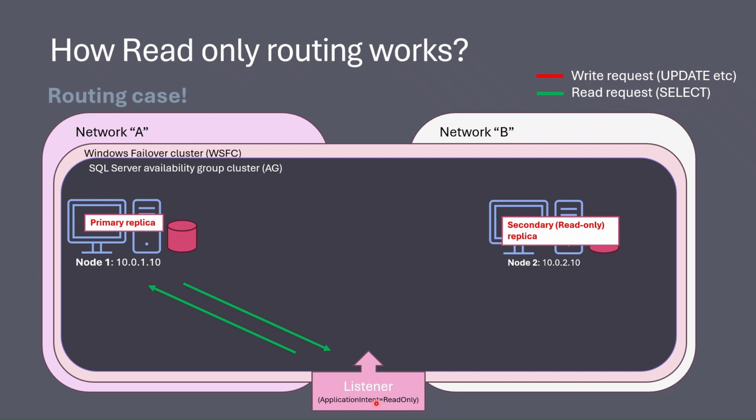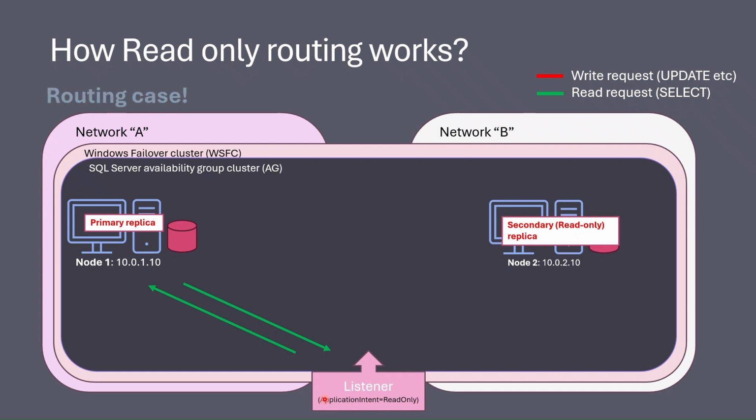After the login request is received, the primary checks the credentials and acknowledges the login. Also, at the same time, as the application is connecting with read-only intent, the primary makes several checks.